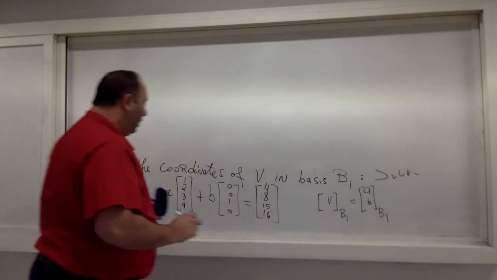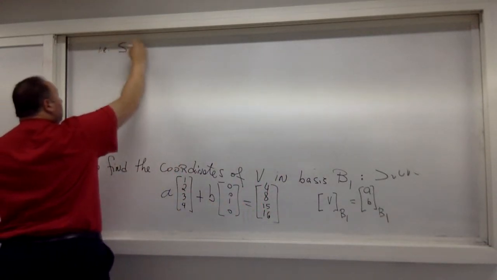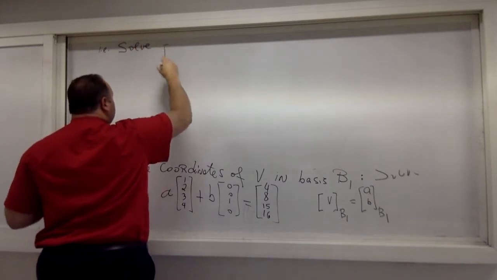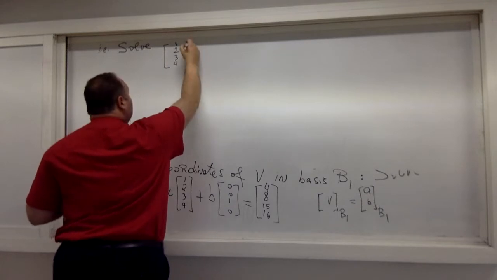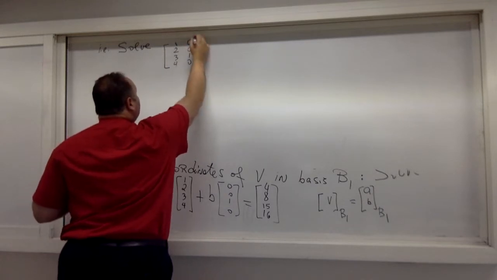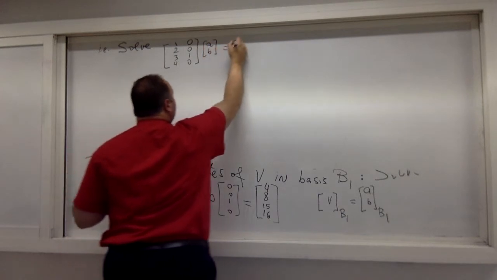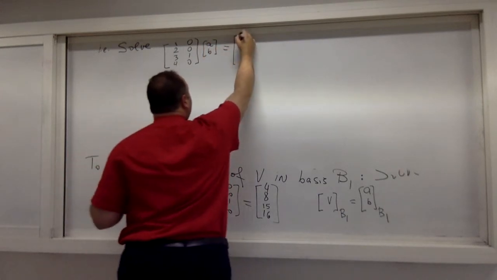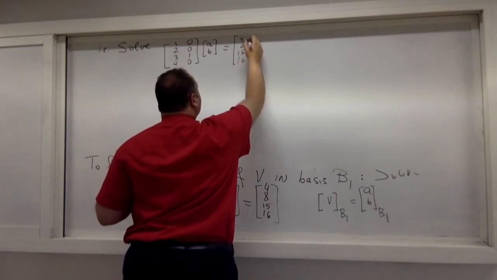We know how to do it. So this means I need to solve the matrix system 1, 2, 3, 4, 0, 0, 1, 0, times A, B, equal to our monster 4, 8, 15, 16.